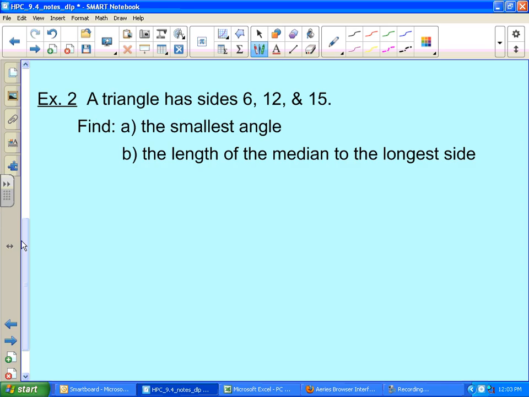The 6. It's going to be across from the smallest side. So we do our best to draw some sort of a to-scale model. That would be our 6, this would be our 12, this would be our 15, and for the sake of labeling, let's say we're looking for angle C, because that's going to be our smallest angle.